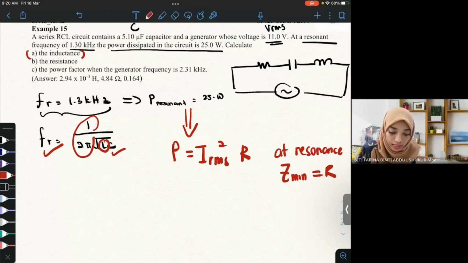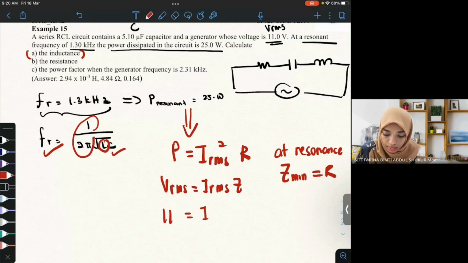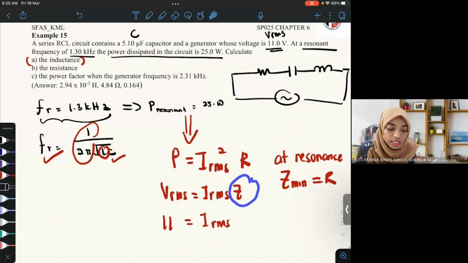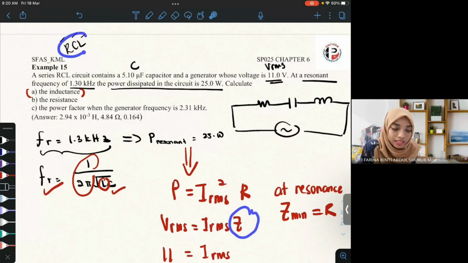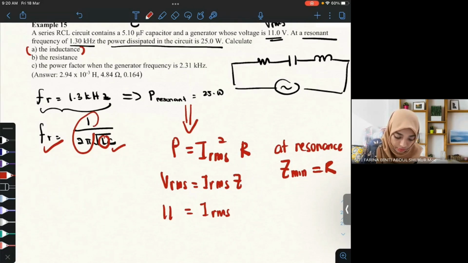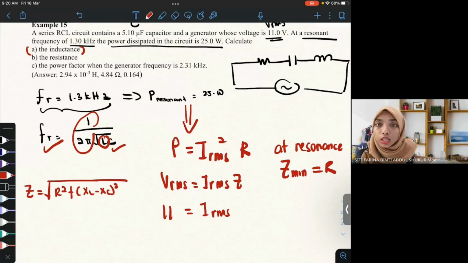Untuk cari I, kita akan guna V RMS sama dengan I RMS Z, sebab V RMS ada dalam soalan. 11 sama dengan I RMS Z. You need to substitute Z first. Z hasil gabungan RCL, sepatutnya dia adalah square root of R square plus XL minus XC square, sebab semua tiga-tiga komponen wujud.